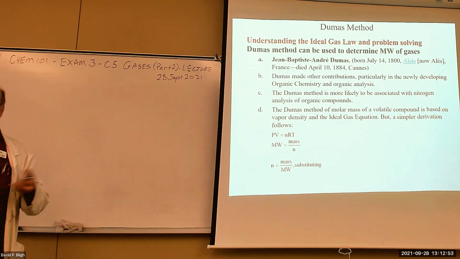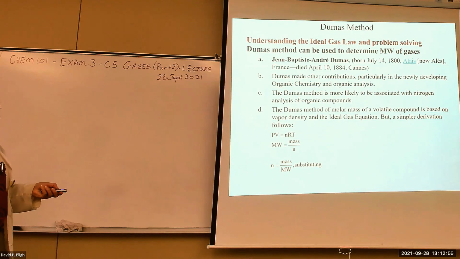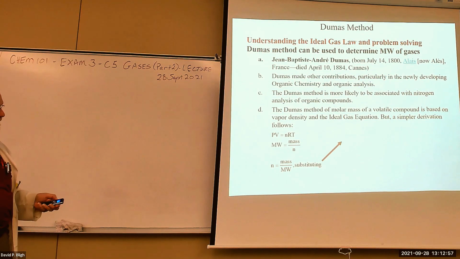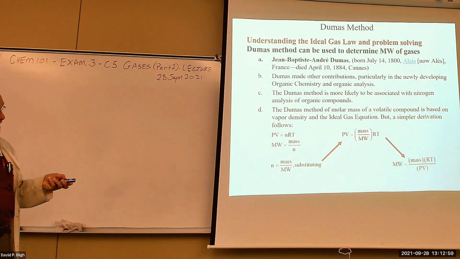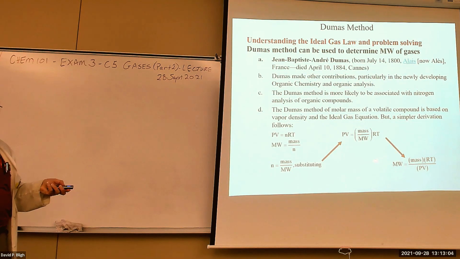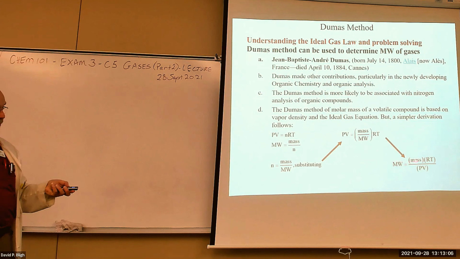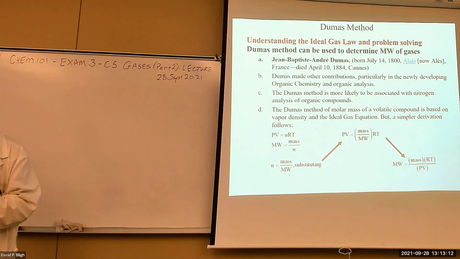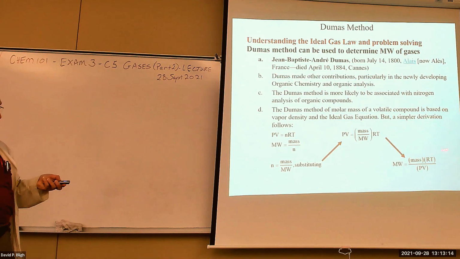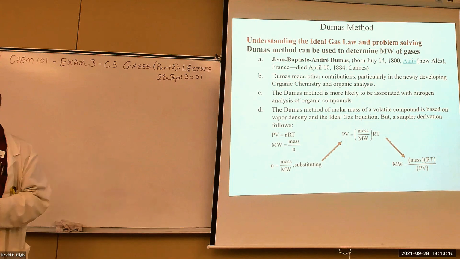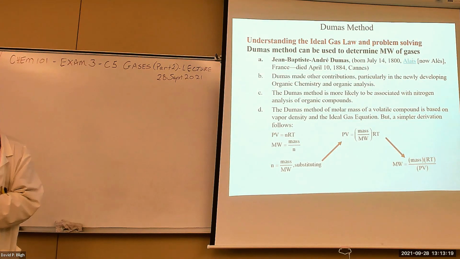Molar mass, molecular weight, that's what I call it. So once we plug that in this equation and solve for the molar mass, now what we have to do is find out what the mass is, find out the pressure, the volume, temperature, the universal ideal gas constant, plug them all in there, and it spits out that number, molar mass, in one calculation.